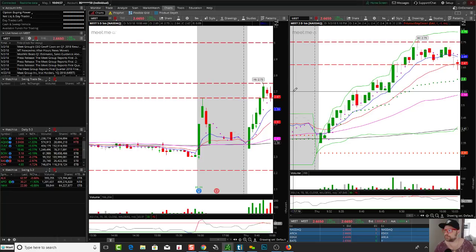Cron is touching VWAP right now. It's pulling back. I'm going to put meat up on another screen right now. Come back to it.